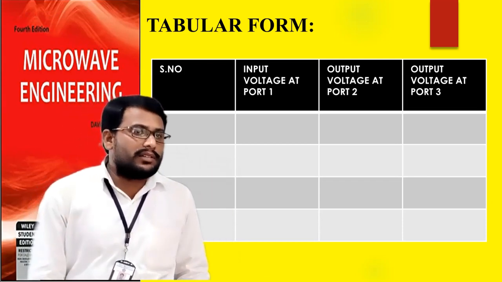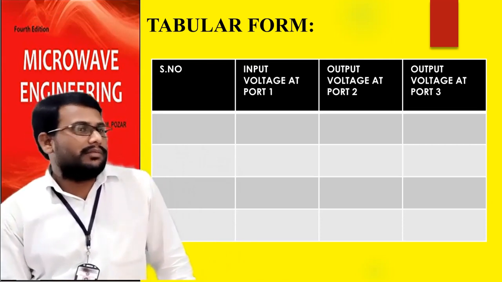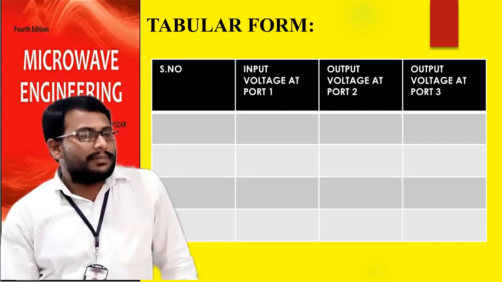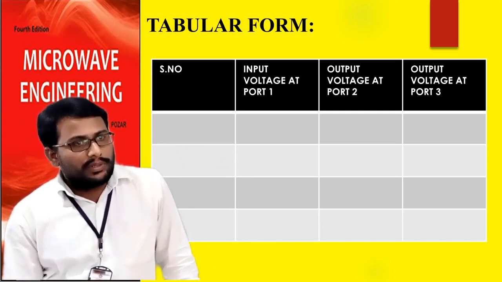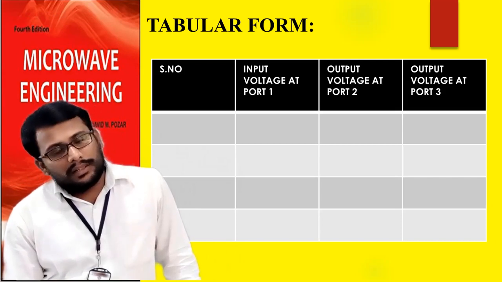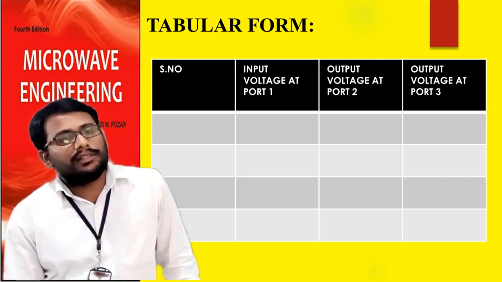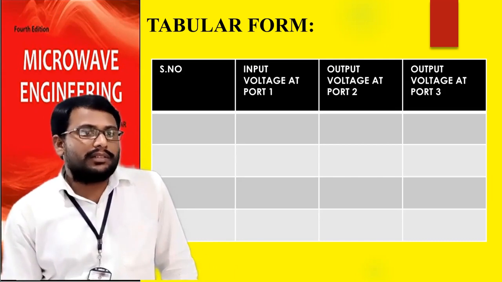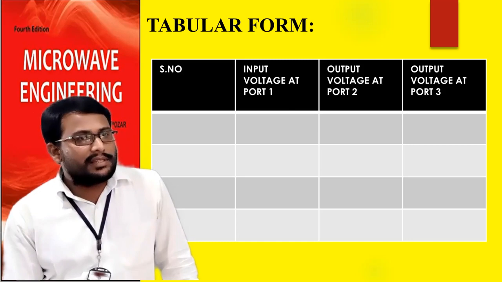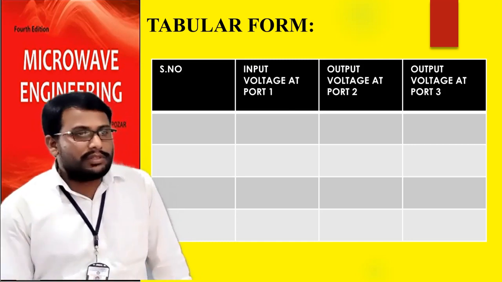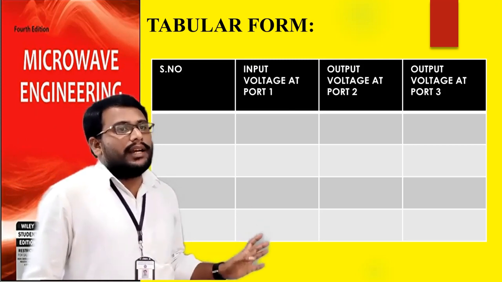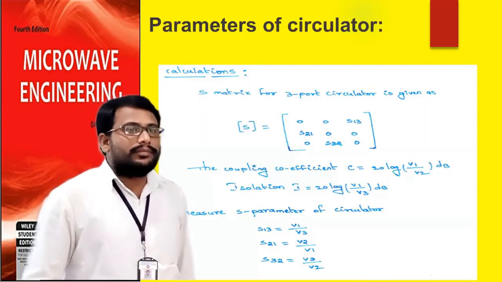Suppose port 1 is connected to the microwave frequency meter side, port 2 acts as an output port connected to the detector mount side, and the other is connected to the matched termination. So you have to change the port references, port 1, port 2, port 3, and find the values practically. By knowing these values, you have to write the scattering matrix for the circulator.